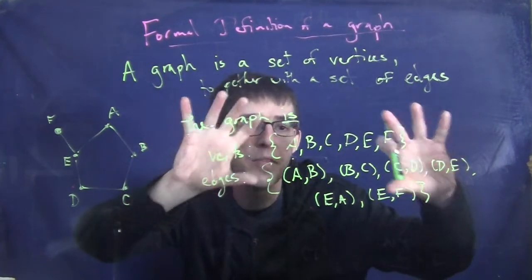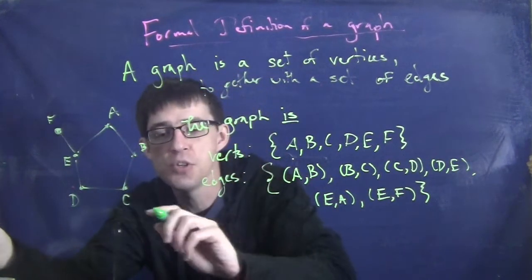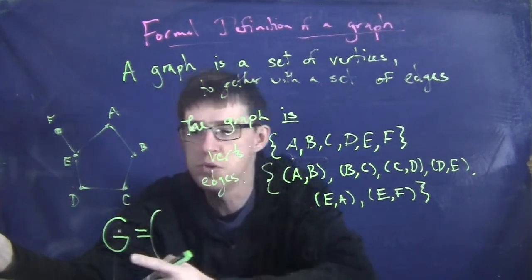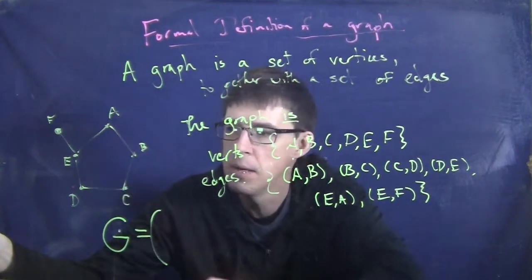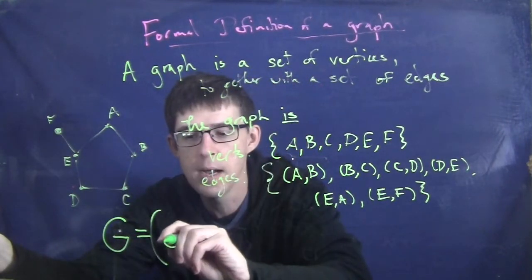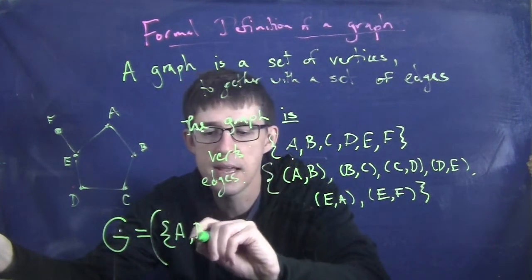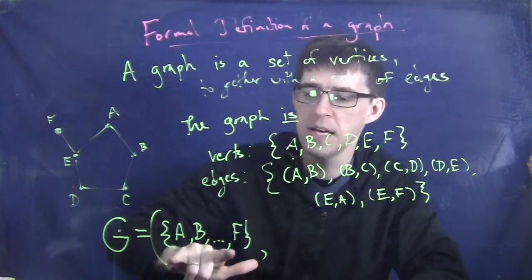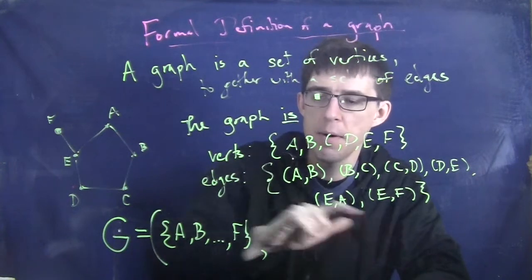Now, typically we would write the whole thing as a single giant pair. I would write it this way. G equals, so G is like the name of this graph. I'll call it big G. And what is it? It is this set A, B, and so on, to F. I write the vertex set first, comma. Now I write the edge set.